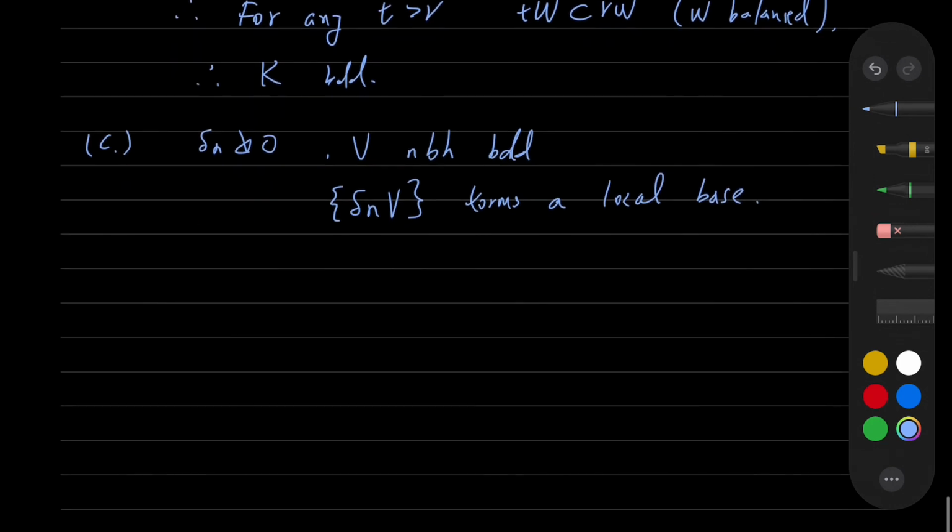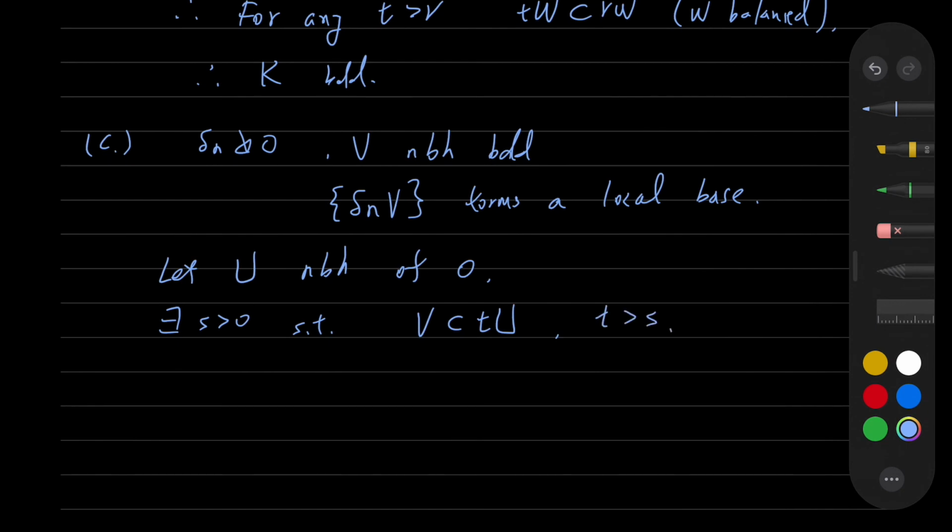So by definition of boundedness, let U be a neighborhood of 0. Then there exists a positive number s such that V lies inside tU for t larger than s.